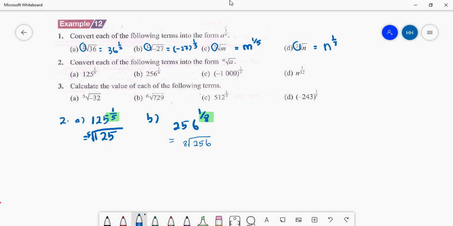Question C. Negative 1000 to the power of 1 over 3. The n is 3 here, so it is cube root negative 1000. And for question D, n to the power of 1 over 12, because this is 12, so it is 12 root n.